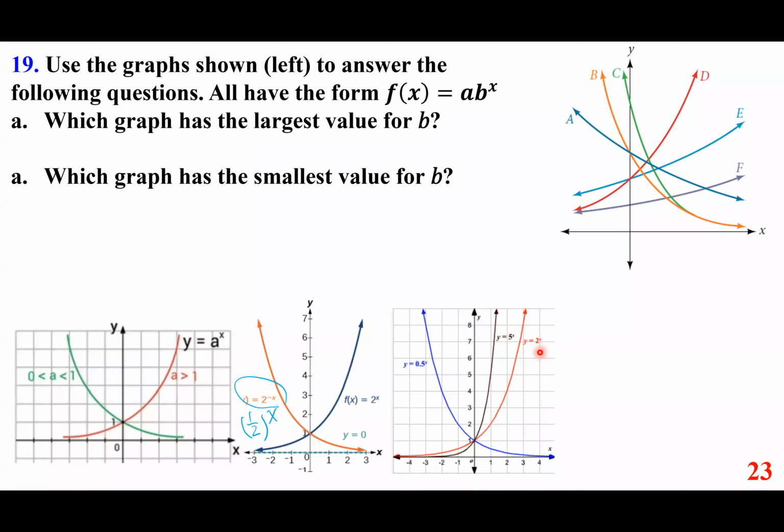The base is 2. When it gets larger, it gets closer to the y-axis. If the base is larger than 1, and it's on the right side, it gets closer and closer to the y-axis when the base gets larger.